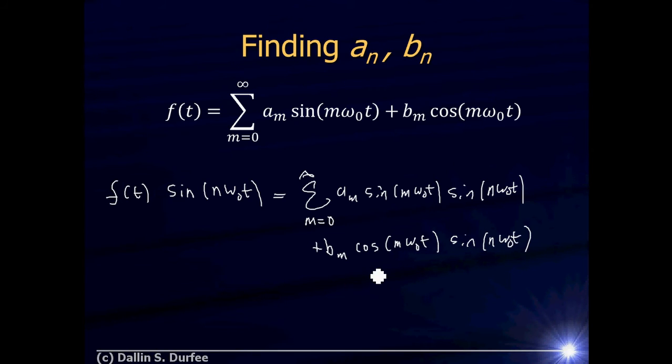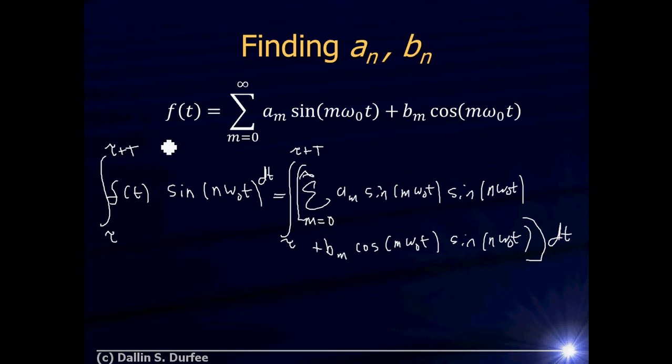So I just multiplied both sides by sine of n omega naught t. The next thing I'm going to do is integrate both sides with respect to time over one period. I'll start at some time tau and go to tau plus one period later. I'm going to do the same thing over here. So I'll take this whole sum and integrate with respect to time from tau to tau plus T, right? So I've done the same thing to both sides.